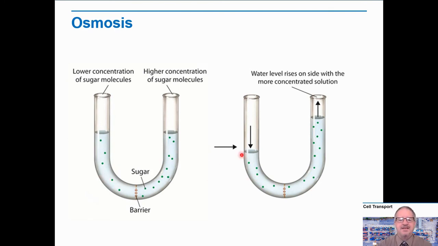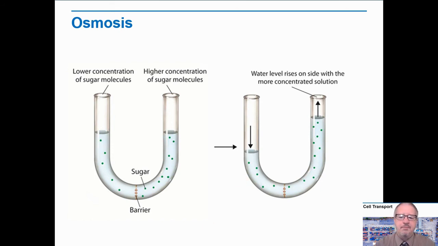What's going to happen is the water's going to osmote or diffuse across that semi-permeable membrane until the concentration, or the percentage of solute to water, is about the same on both sides. So let's just say now it's 50-50 water to sugar on this side and 50-50 water to sugar on this side.